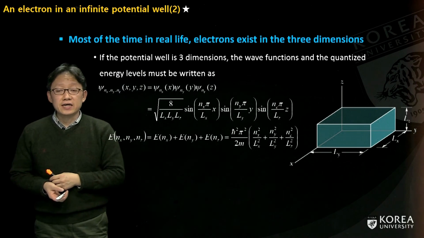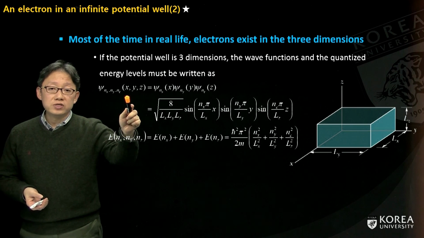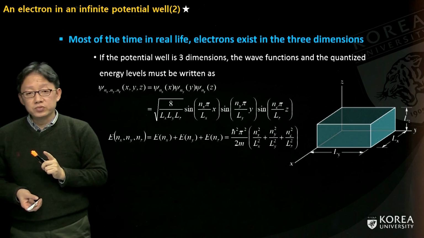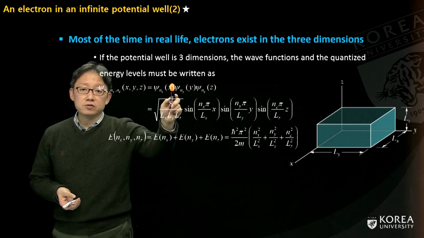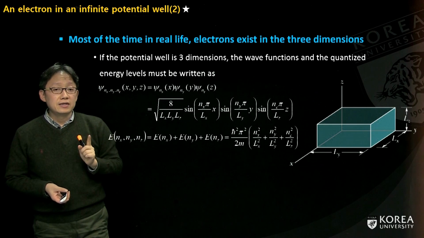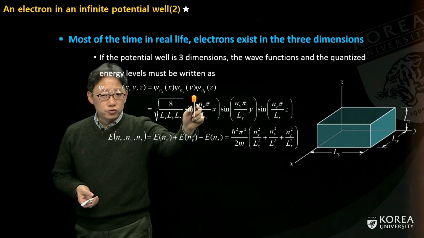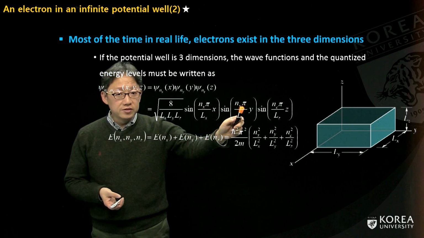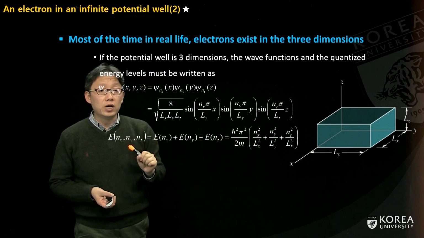So in that case, the wave function must be written as a function of these three different variables, which is simply a product of the wave function along x, the wave function along y, and also the wave function along z. And in that case, you actually get different quantum numbers along three different directions, n_x, n_y, and n_z.